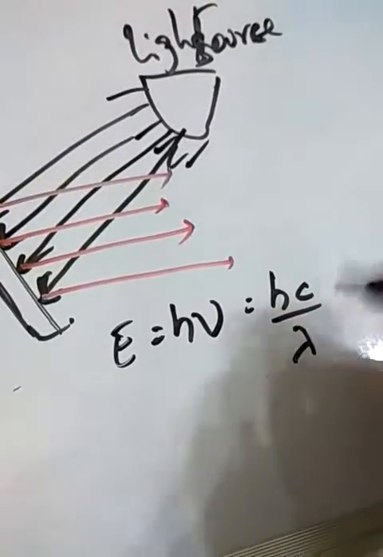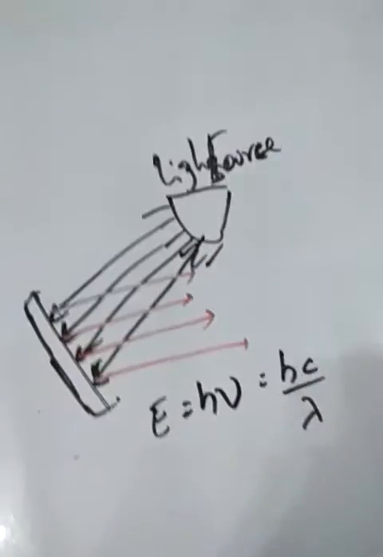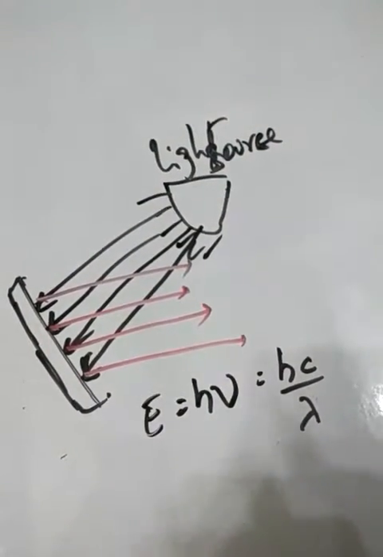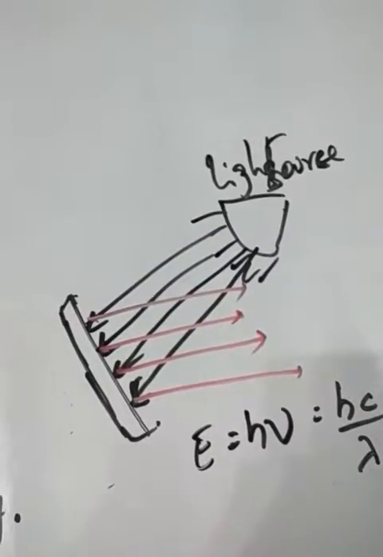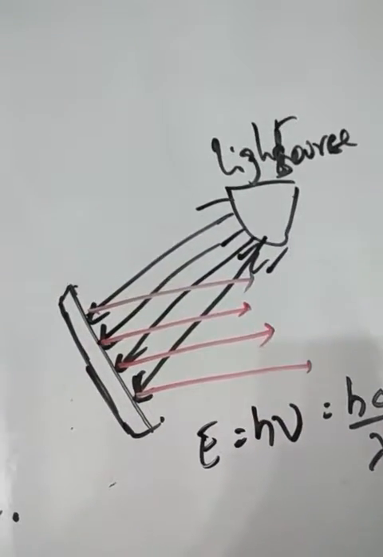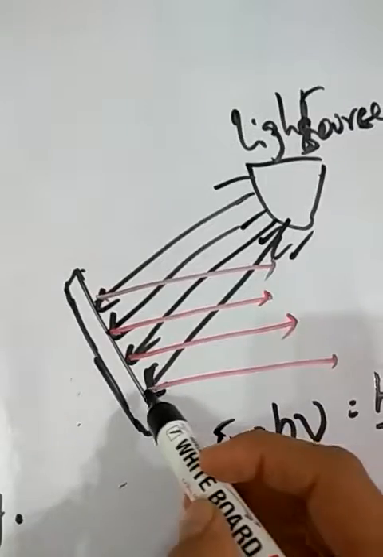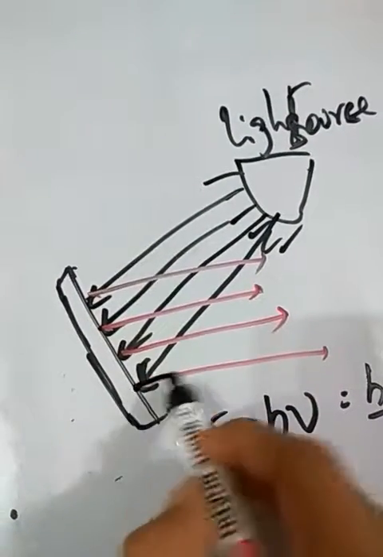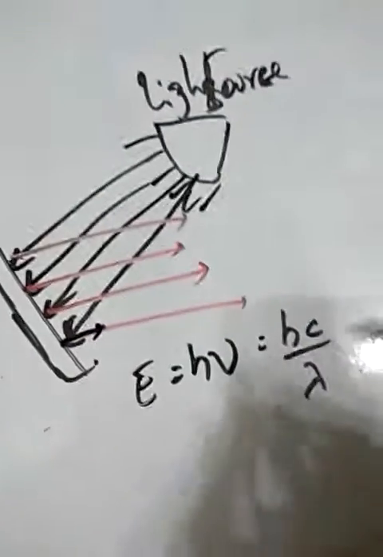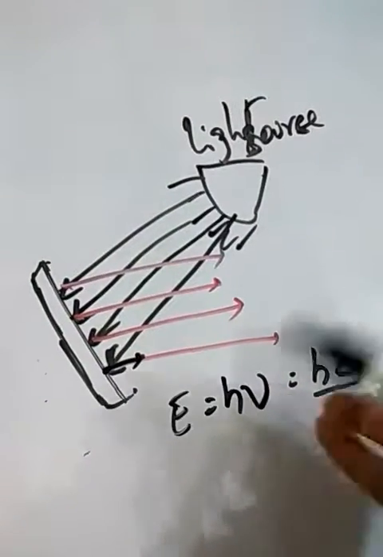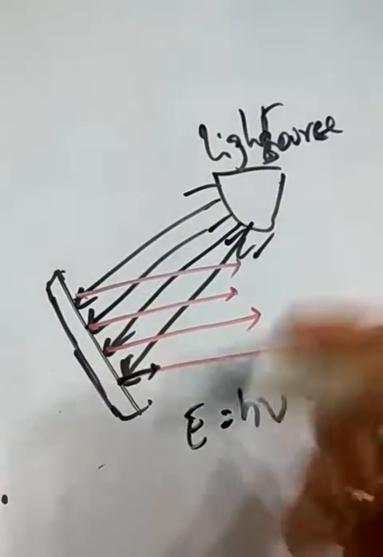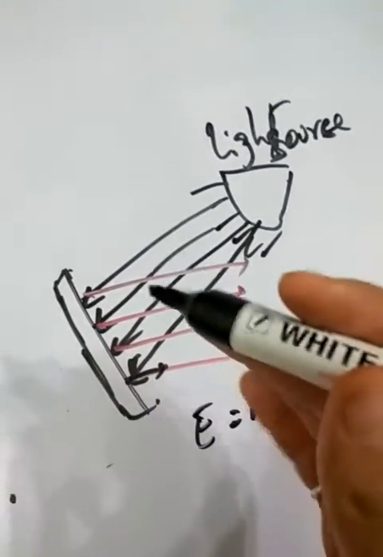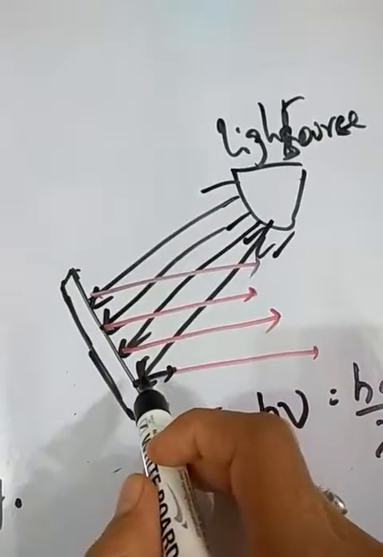So the wavelength has to be sufficiently low so that the energy is high, and when it hits, the electron is ejected out of it. This is the energy which it completely gives to the electron, which is just on the surface, and this ejects.